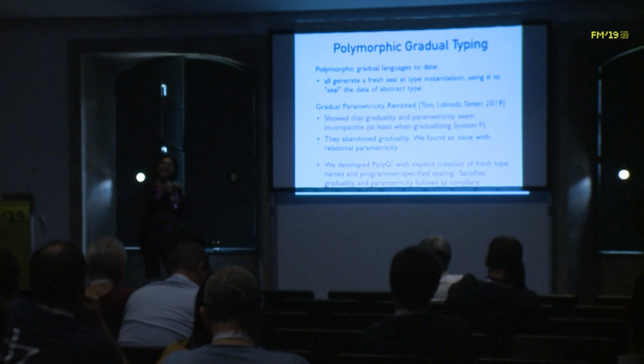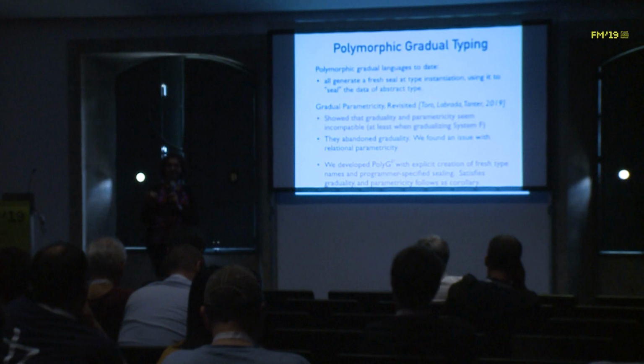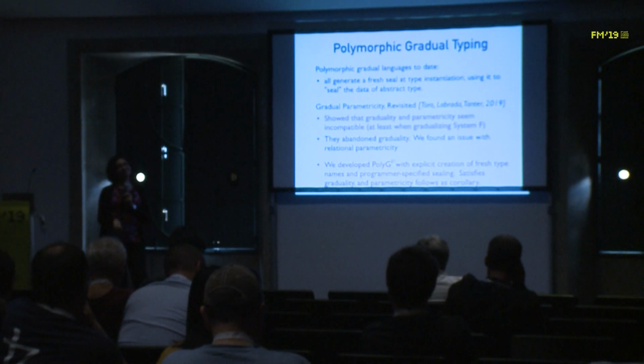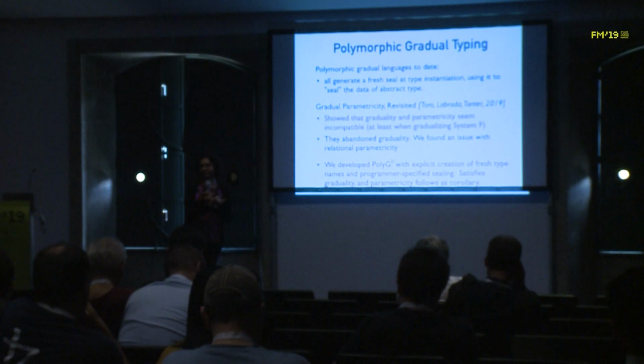When you apply them to int or to bool, parametricity requires that if you take two functions, or sorry, not two functions, exactly the same function of type for all x, x arrow bool, is turned into a for all x question mark arrow bool.